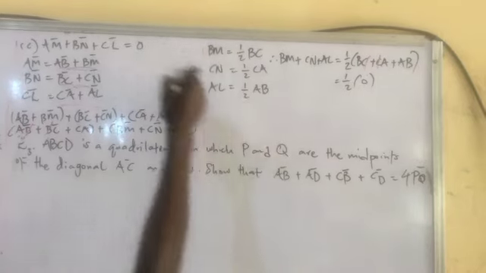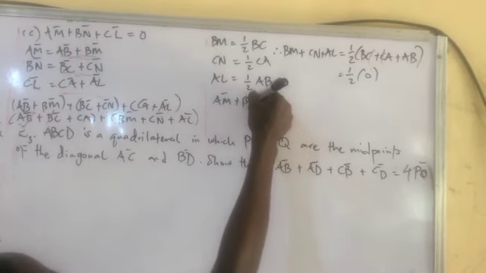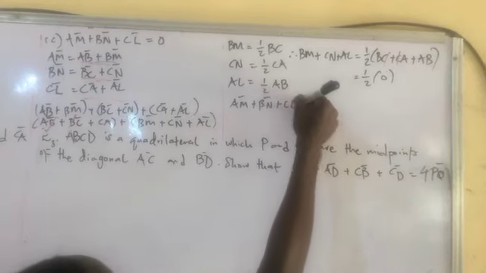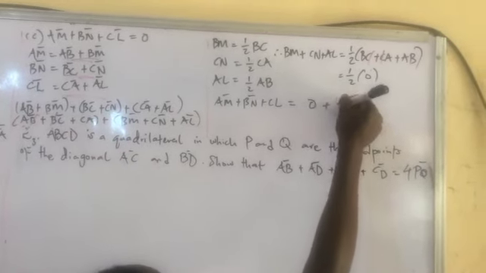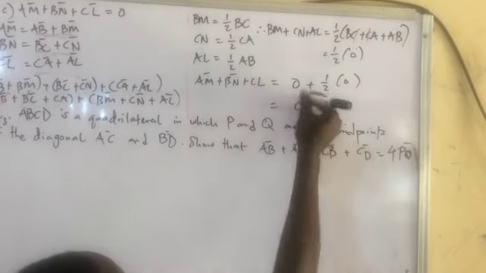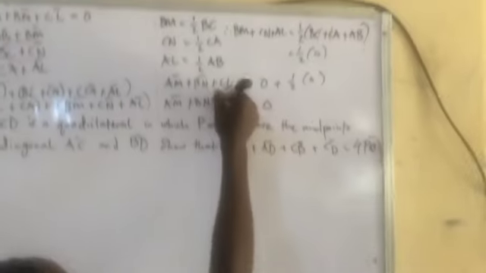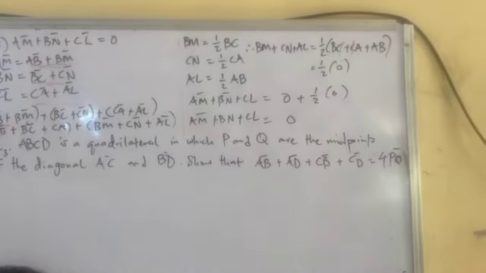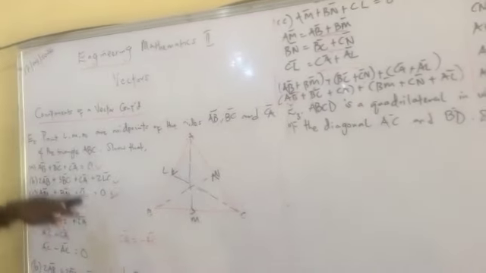So we have our equation AM plus BN plus CL is equals to this, which amount to 0, then plus half into bracket 0, which is also equals 0. So that is the proved answer for this question here. So we are done with this.